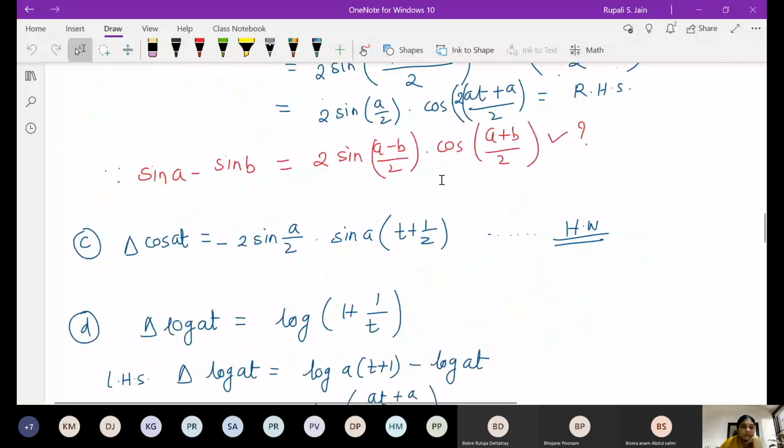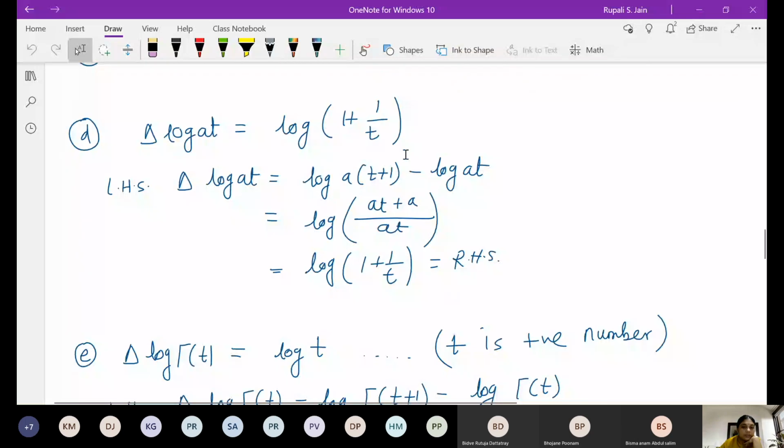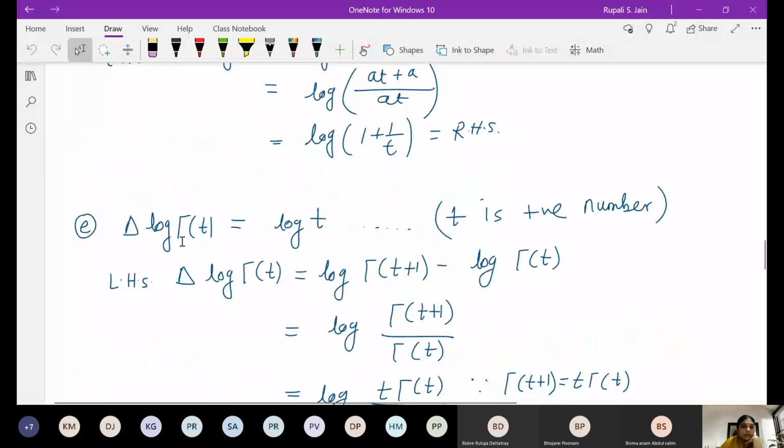You can just check this. Then log: delta operated on log of gamma t, we have shown, is log of t. So if I operate summation on both sides, summation and delta will cancel. Log of gamma t will be summation log t, and that is what we want. So we have already proved this.